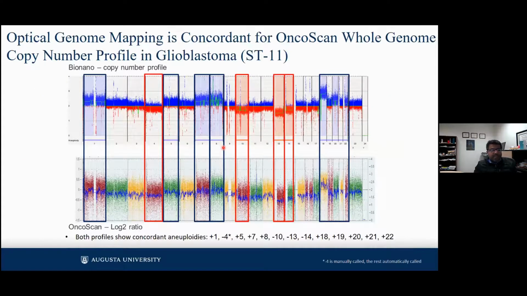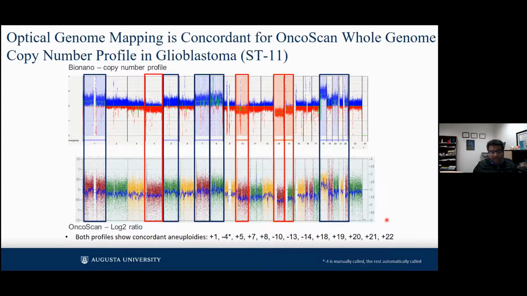So this is case number 2, which shows a slide comparing the CNV profile by OGM to SNP microarray. The top panel is optical genome mapping, and the bottom is microarray. Both profiles show concordant aneuploidies in chromosomes 1, 4, 5, 7, 8, 10, 13, 14, 19, 20, 21, and 22.